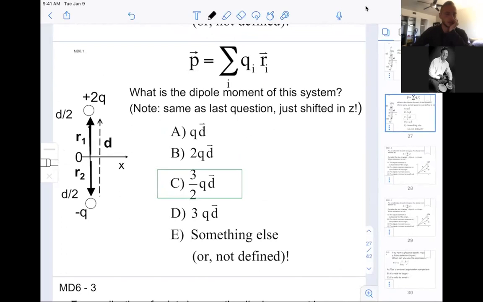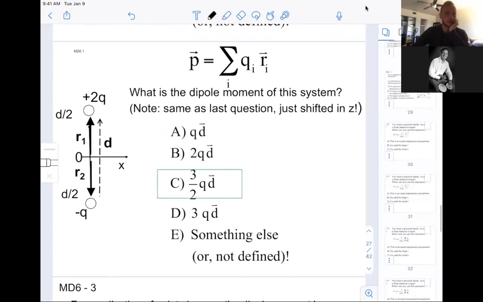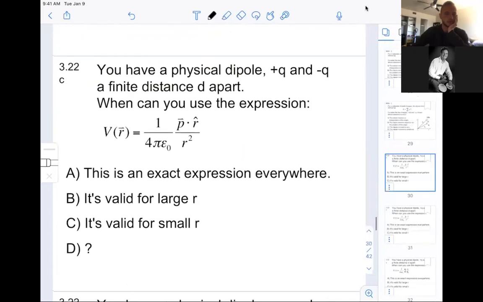Okay, so now let's look at another question before we introduce the multipole expansion method. Previously, we derived an equation for the dipole. That's this expression, the dipole moment dotted into r hat.